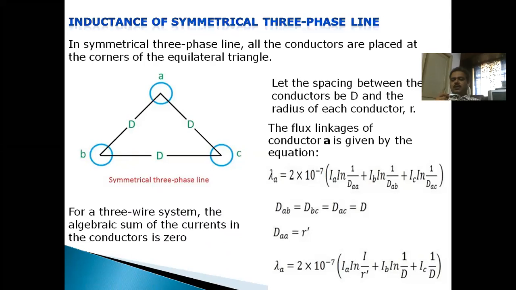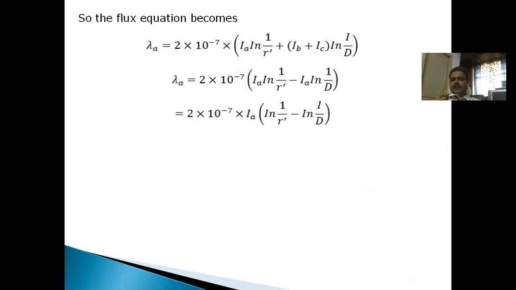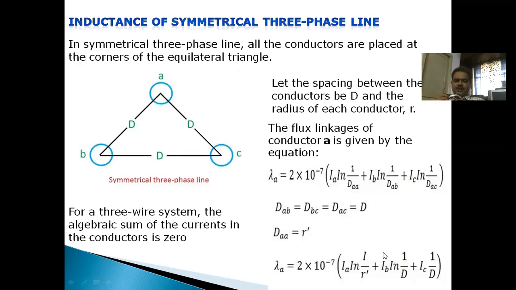So since these two terms have ln 1 by D, if we take ln 1 by D as common, that becomes I_B plus I_C. So the next step: flux linkages in conductor A is equal to 2 into 10 to the power of minus 7, I_A ln 1 by R dash plus ln 1 by D into I_B plus I_C.